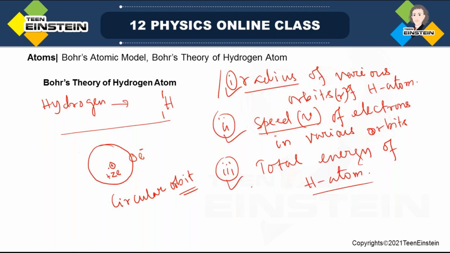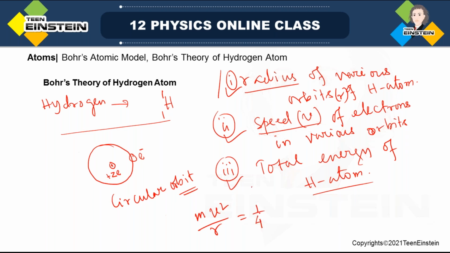The electrons are revolving around the nucleus, and from where do we get the centripetal force, that is mv square by r?